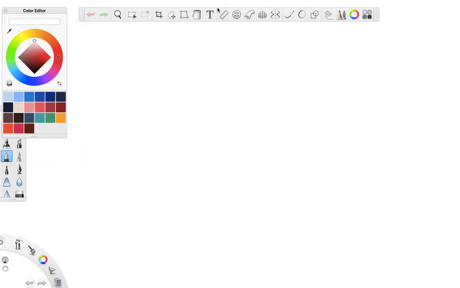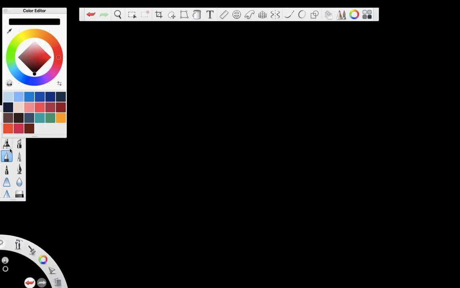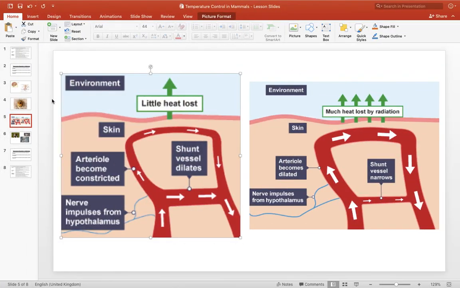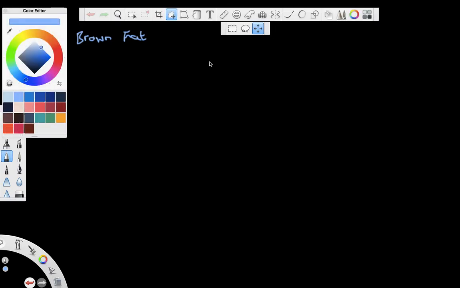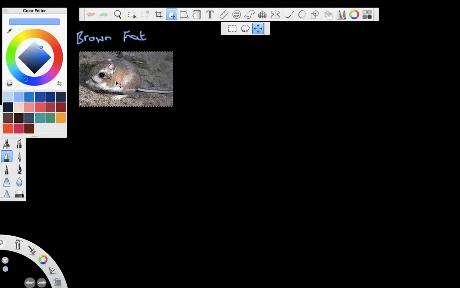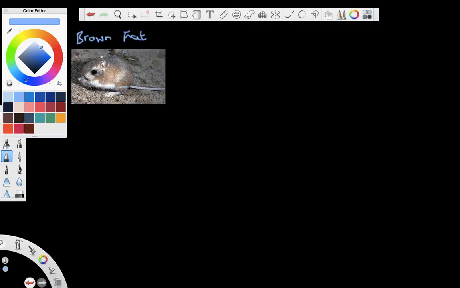One that I thought I'd mention here is brown fat. Now, this isn't something that we have much of in our body, okay? But some mammals, such as field mice, do. Field mice will have a layer of fat called brown fat near the surface of their neck.